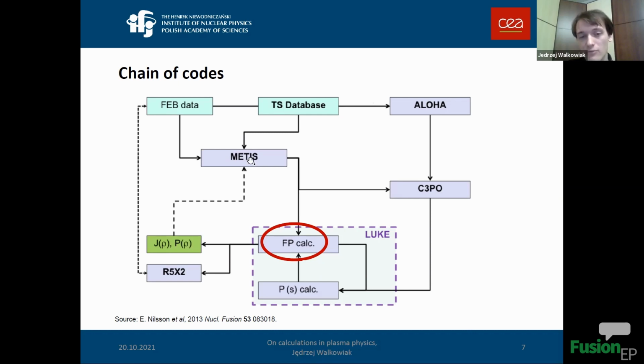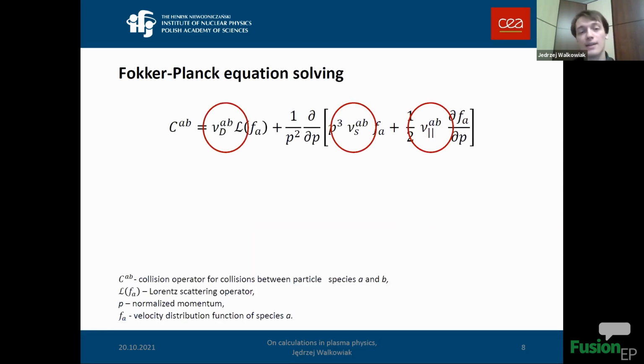So we are able to run this suite of codes in an iterative way, improving the input parameters for Metis in each loop and getting more accurate results this way. And now to the Fokker-Planck equation. The Fokker-Planck equation describes the evolution of plasma in a kinetic model, and it consists of three important parts.